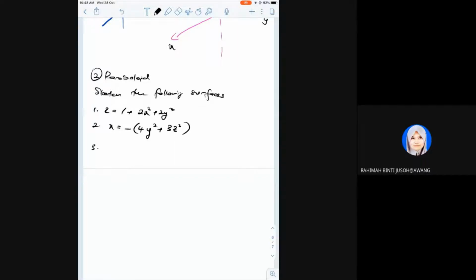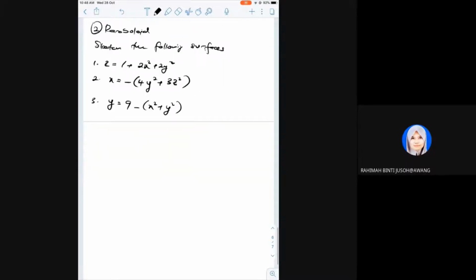Number 3, let's say we have y equals negative, what do I want to create? y, let's take 9 minus x squared plus y squared. Like that. Okay, let's start. Alright, now z equals 1 plus 2x squared plus 2y squared.